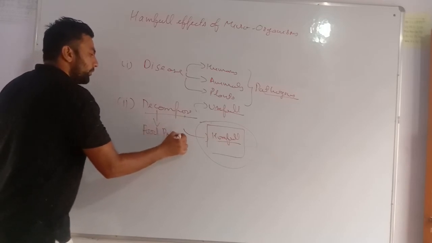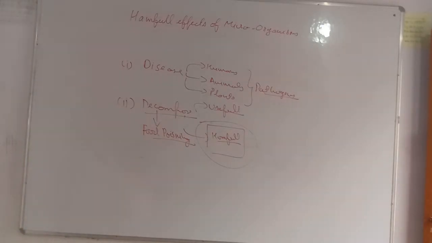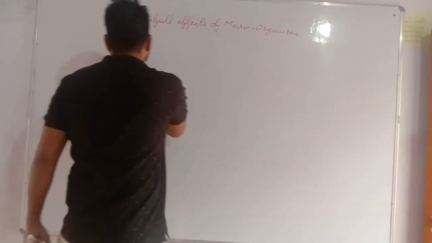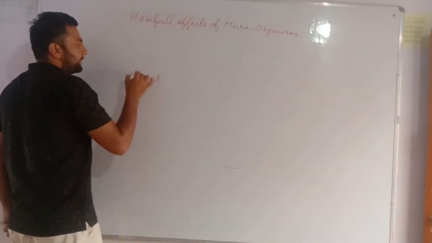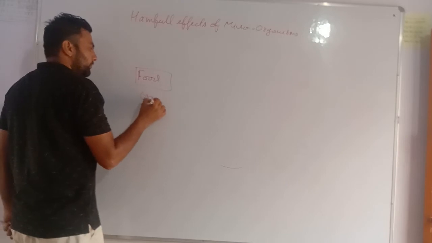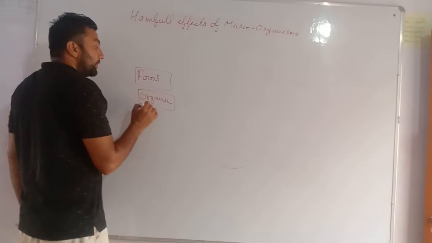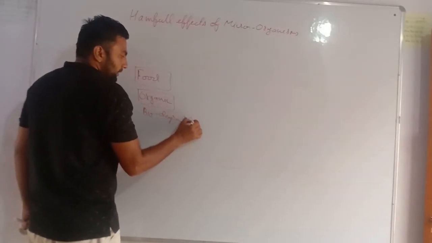food poisoning. What is food poisoning? Now we will see. See my dear students, basically what happens is that if food is kept anywhere, as we all know, food is an organic or natural material, so it is biodegradable.